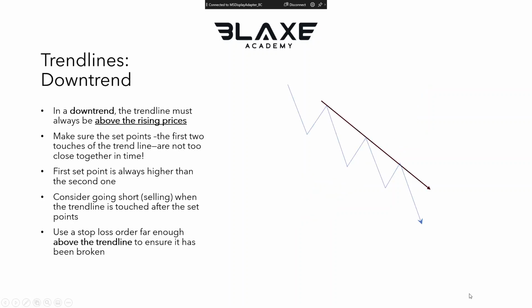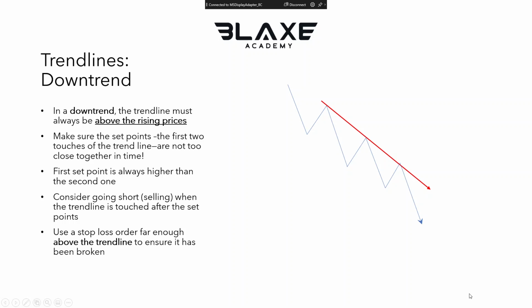The downtrend is about the same, with the exception that here you draw your trend line above. If you haven't noticed, trend lines fall right in line with another technical concept, which is support and resistance.